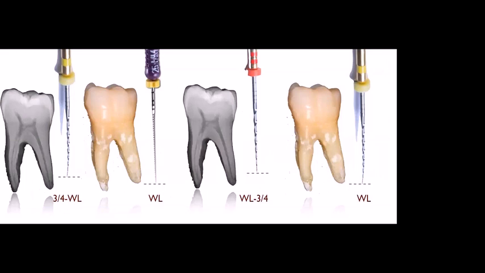After that, in very difficult cases with a very severe curvature like this, instead of using the 2004 directly to the working length, we use 3/4, okay? We use the 2004 in the first 3/4 of the root canal, and after that, the 2506 to the same position. And when the 2506 can reach the 3/4 of the root canal, we use the 2004 to the working length.